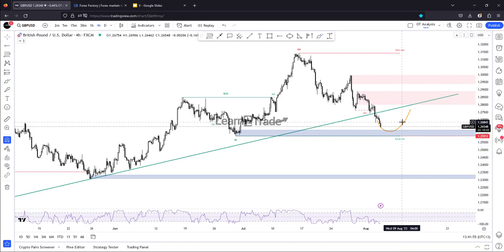And this is my opinion here. I will look for potential longs if the price action develops a bullish pattern inside of this demand zone. If it prints a bullish, reversal pattern in the short term on lower time frames, then I will look for potential longs, and only taking out this support or this demand zone could open the door, could validate a larger downside movement.